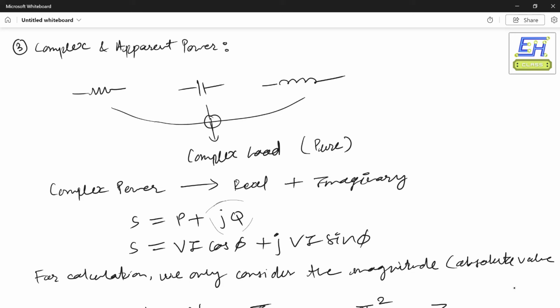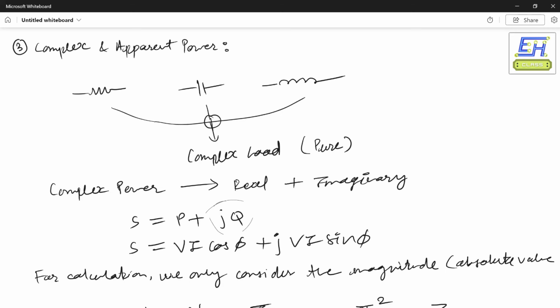But in the case of a pure capacitor, you'll not have this real value. You'll just have the imaginary term, and the same is the case with the inductor. The only difference between capacitor and inductor will be their signs, their polarity. One will be positive and the other negative, but they will not have the real component.